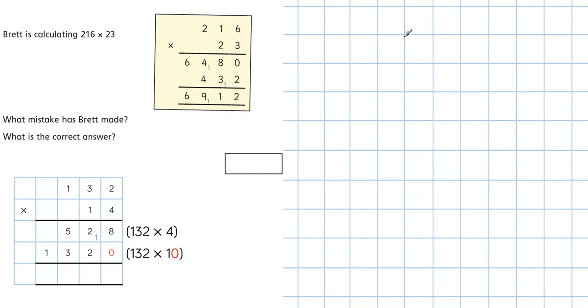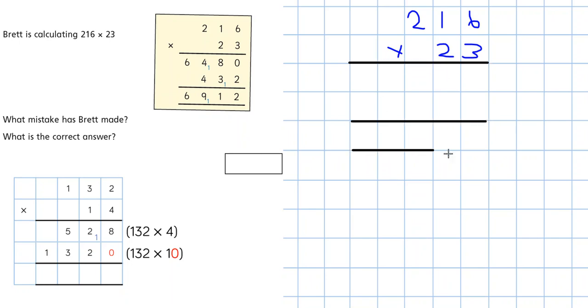Okay, let's jot down the calculation here. So we've got 216 multiplied by 23. Let's put my equal signs in. And my first one, I am going to multiply 216 by 3.